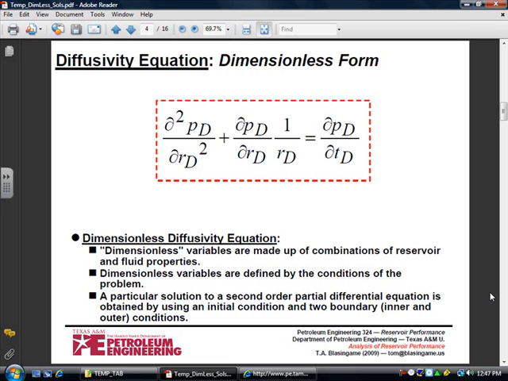The inner boundary condition is either constant rate at the wellbore or constant pressure at the wellbore. And the other boundary condition is an infinite acting reservoir, or you can assume a closed reservoir, or there might be a constant pressure at your boundary. And the initial condition was always the initial pressure.